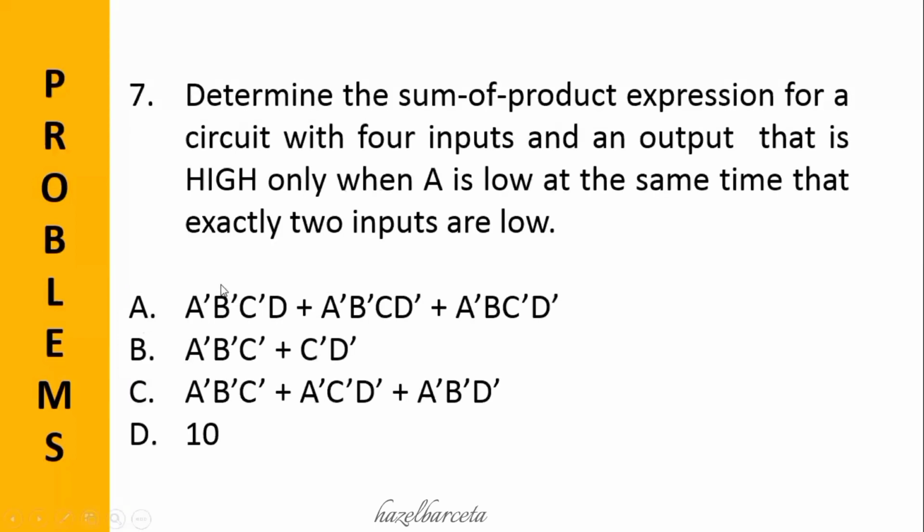Number 7. Determine the sum of product expression for a circuit with 4 inputs and an output that is high only when A is low at the same time that exactly 2 inputs are low. So, 4 inputs daw po na si A ay low at meron pang dalawang inputs na low.